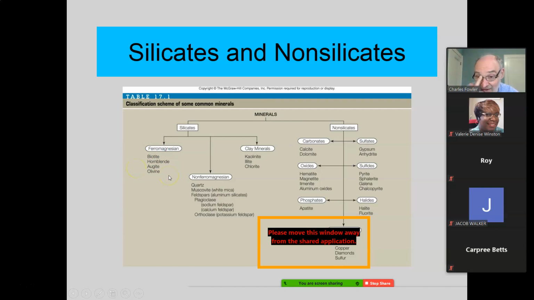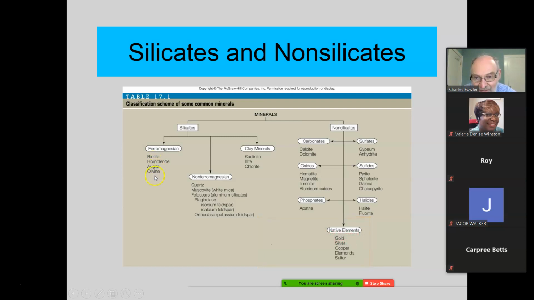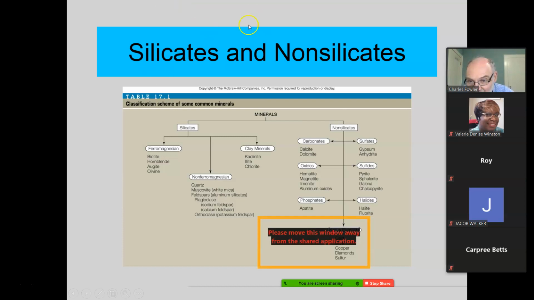These are the ones that have high iron content with the silicates. And we'll hit these later. Biotite, hornblende, augite, and olivine. Now, just to give you a general feel for this, the ones at the top here, the biotite, has high iron content, but not as high as the ones below it.